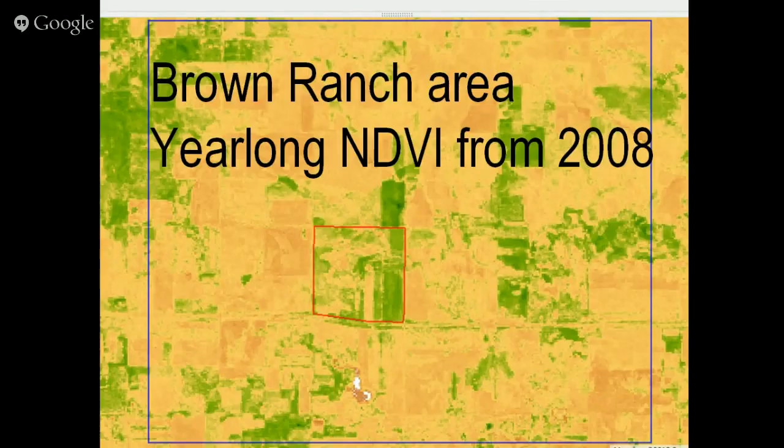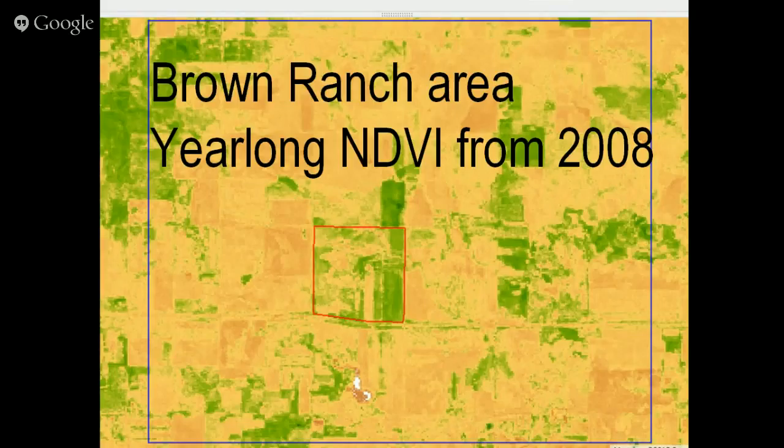And here I have Gabe Brown's place in North Dakota near Bismarck. It's the small red rectangle in the center, and then a fairly arbitrarily chosen neighborhood in the blue around him. And by the way, he does manage some of the area between the red and the blue. I'm not sure exactly what, but these are the boundaries I have.